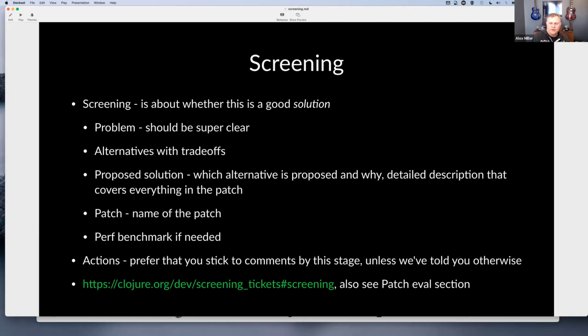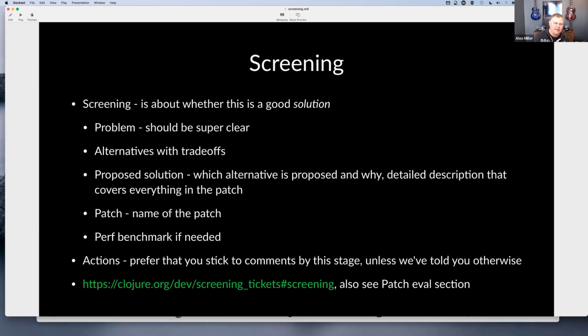If it's one particular alternative, why is that one being picked? There should be a description that covers the patch, so that if I read the proposed solution and then go look at the patch, I should not be surprised by anything. If the patch touches 3 different parts of the code, I really want those 3 things to be mentioned in the proposed solution.